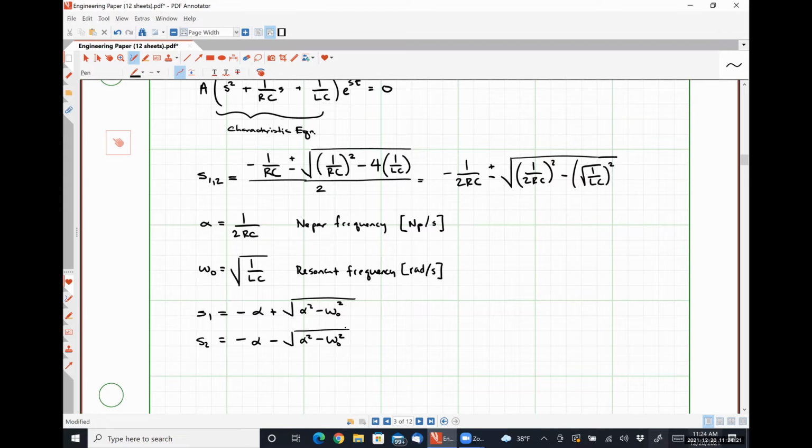Okay. So this is our general solution to this characteristic equation, but we actually have 3 different instances that can occur here. Okay.